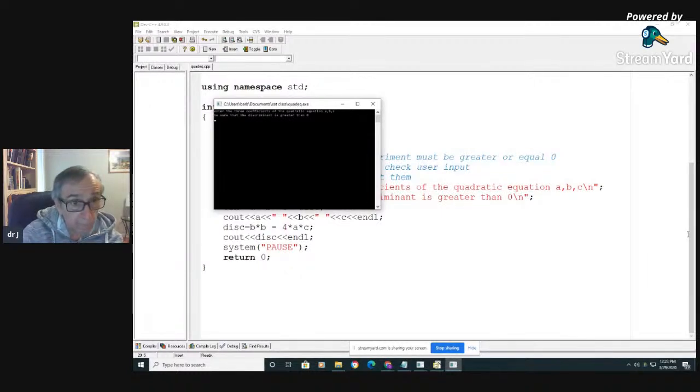One last try. If it works now, I don't know why it would, but that didn't work before. But then again, I don't know why it wouldn't. And I entered it. So if it entered correctly, it would have computed the discriminant, b squared minus 4ac, would have printed it out and given me the correct message.